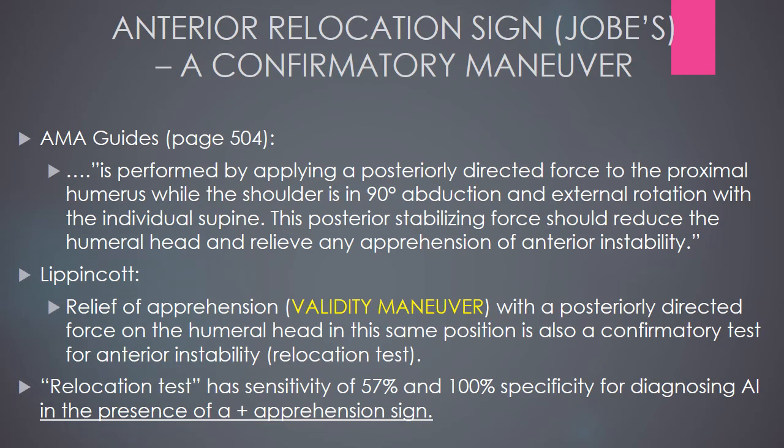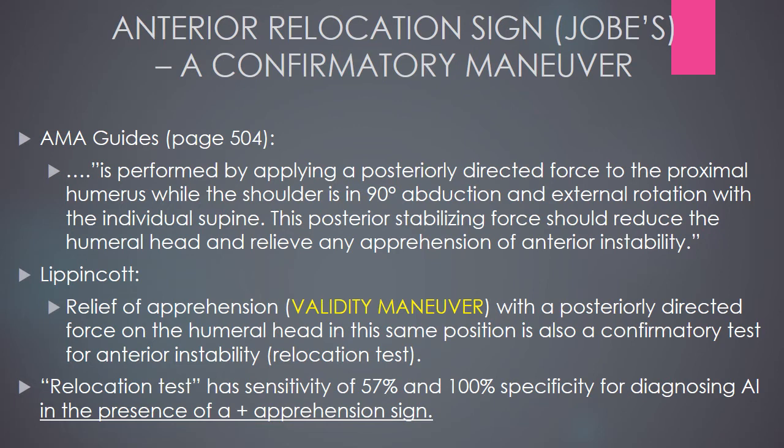So in the presence of a positive finding on apprehension testing, we have some confirmatory maneuvers. And you may have heard of Jobe's relocation maneuver. So we'll just talk about Jobe's relocation maneuver, and then we'll get on to the exercise recommendations for shoulder instability.